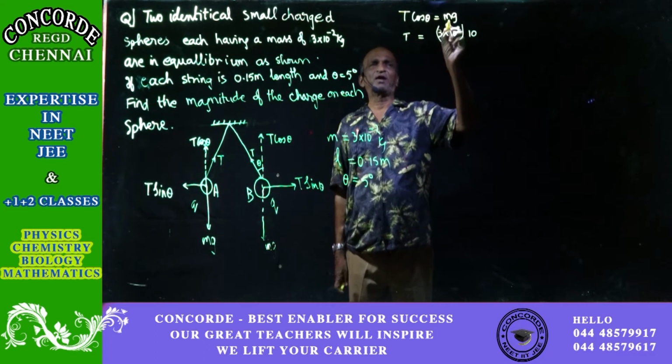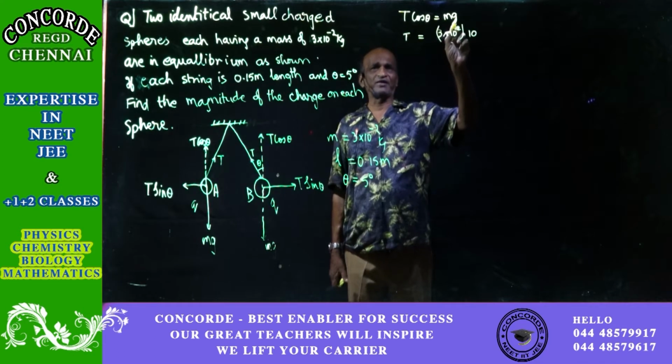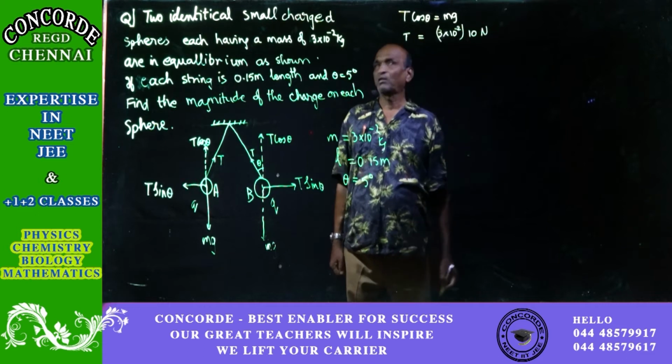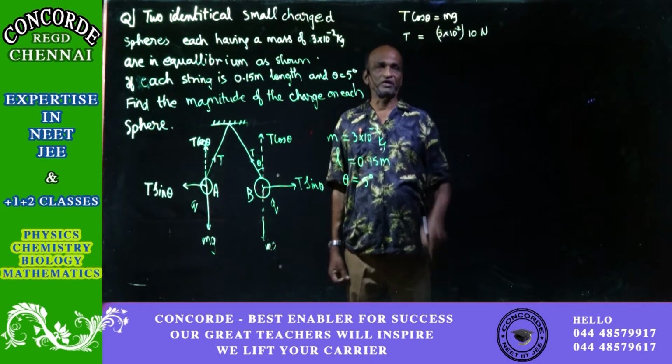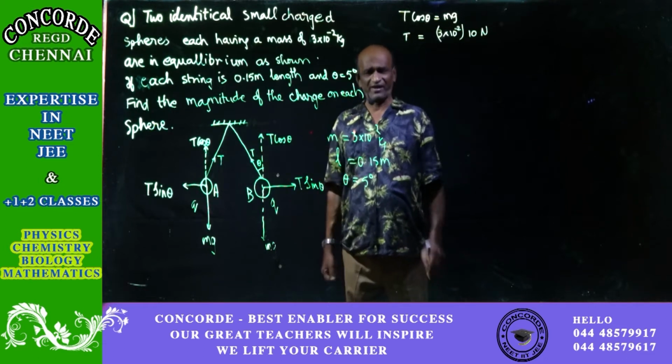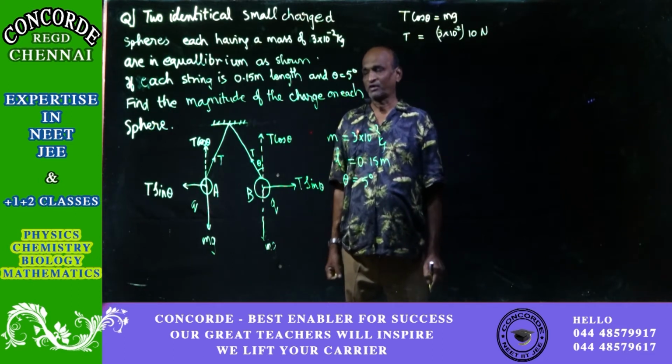Please note, mass is given in kilograms, and multiplying by g gives newtons. Mass times acceleration is force in newtons. The tension in the string is always a force, so remember that.